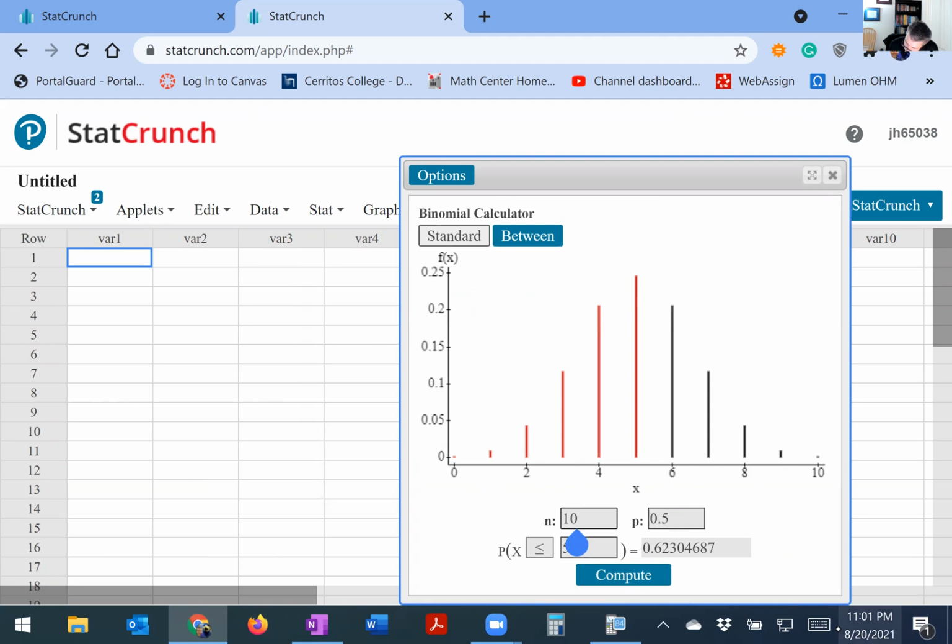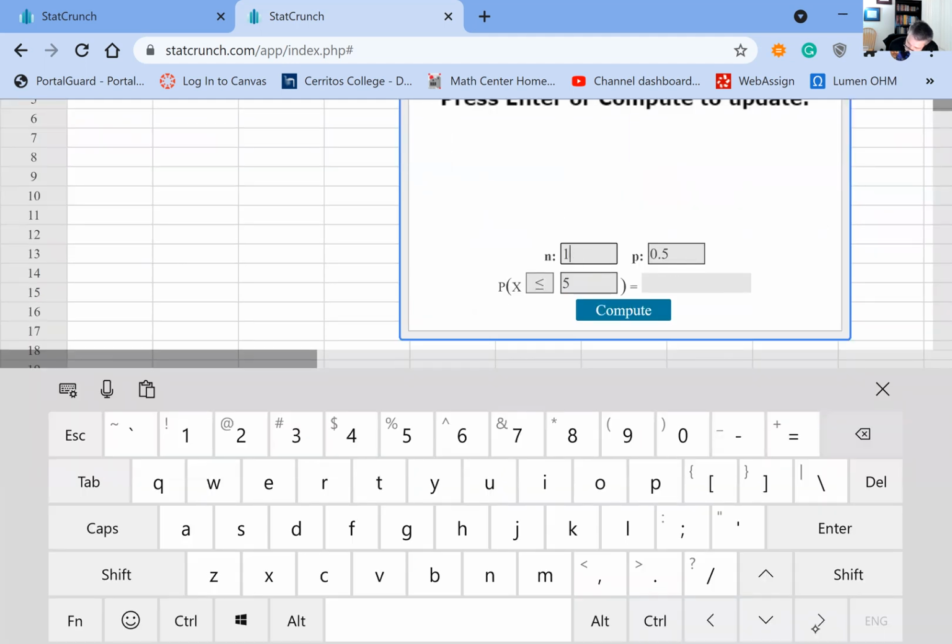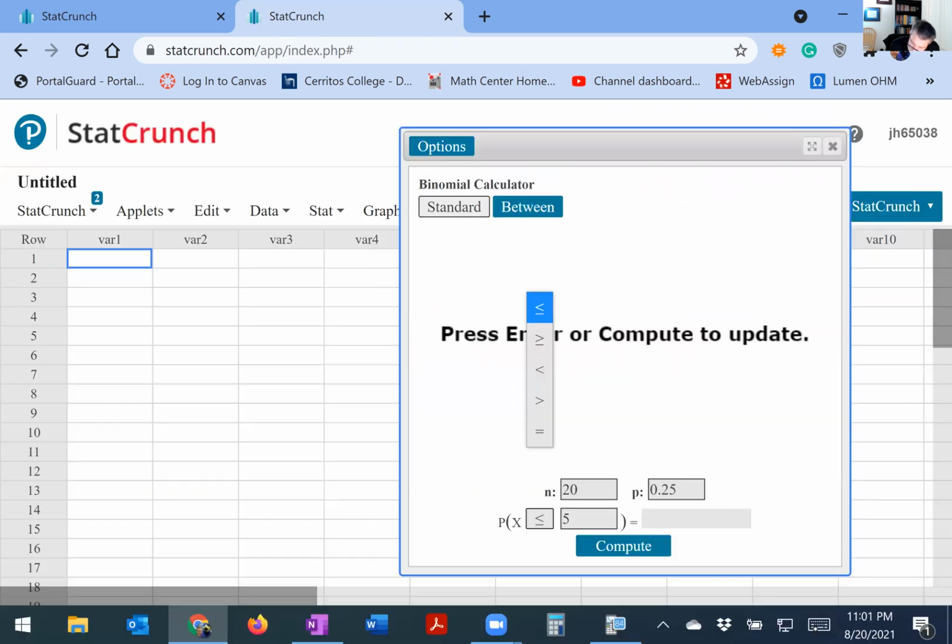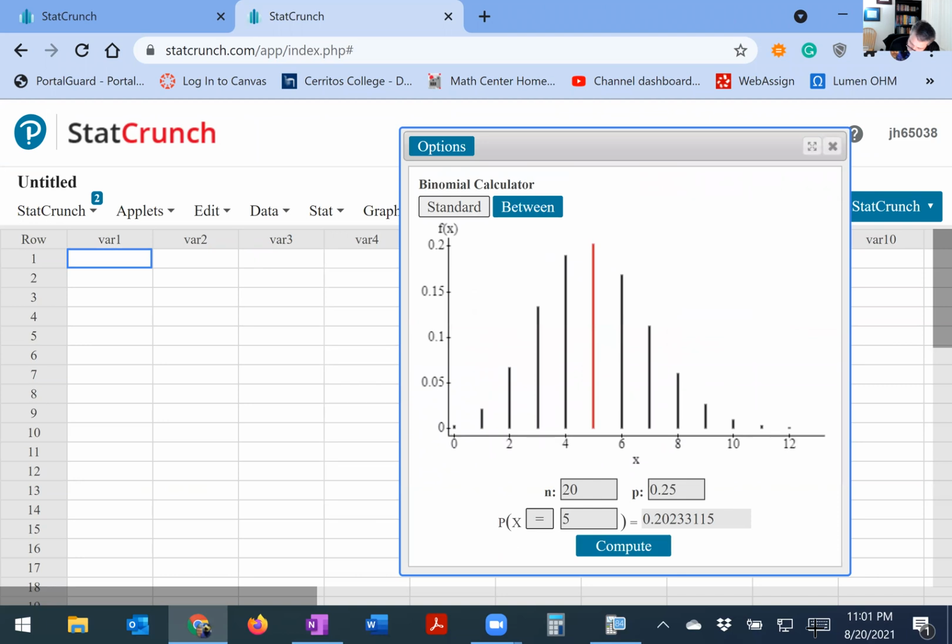We want n to be equal to 20, the number of items on the test. What's the probability of getting one right? That's 0.25. And what do we want? We want exactly, equal sign, exactly 14.